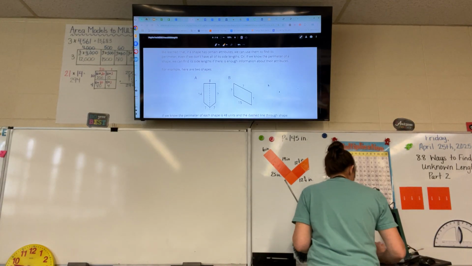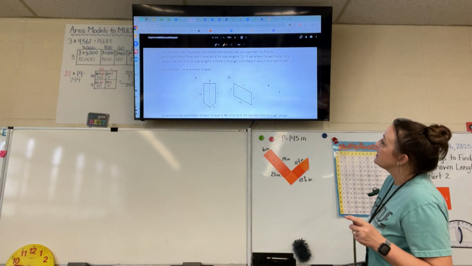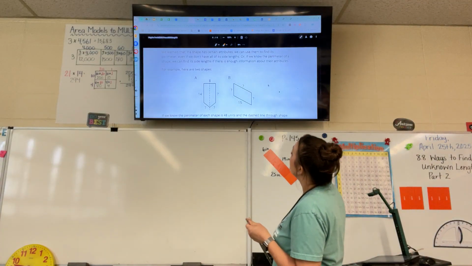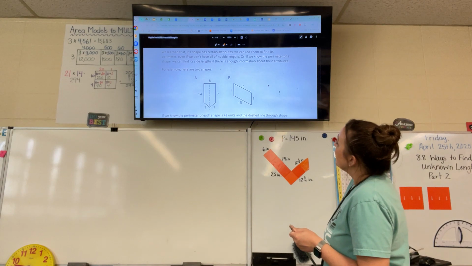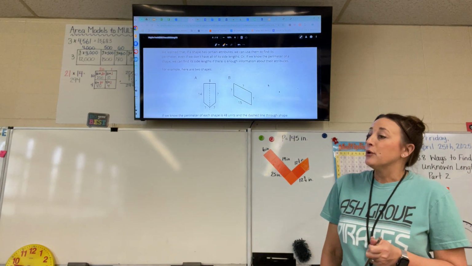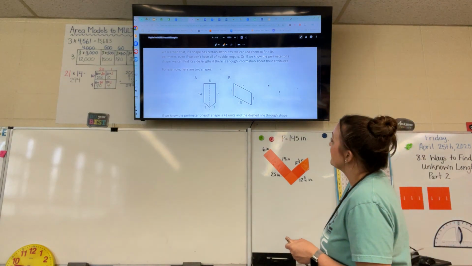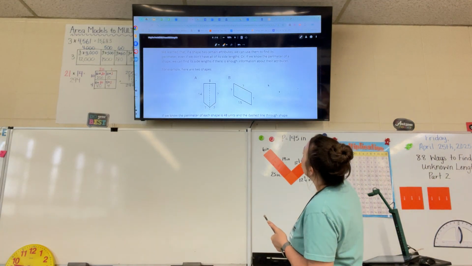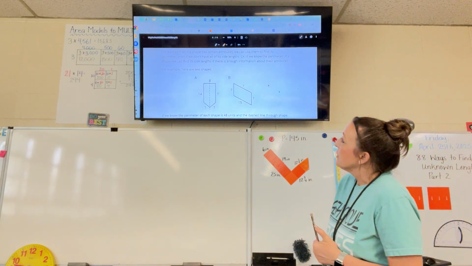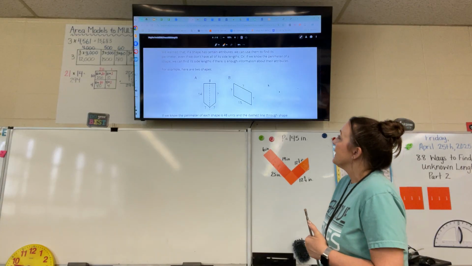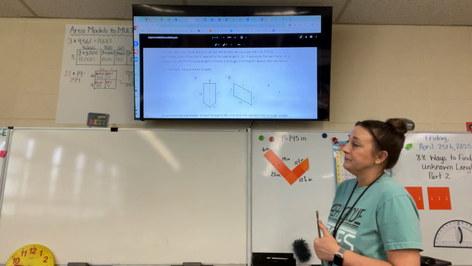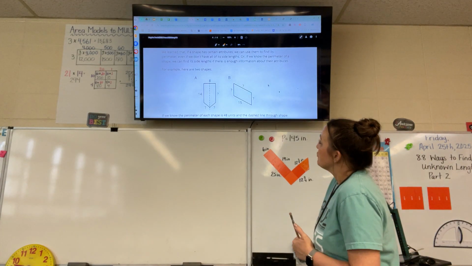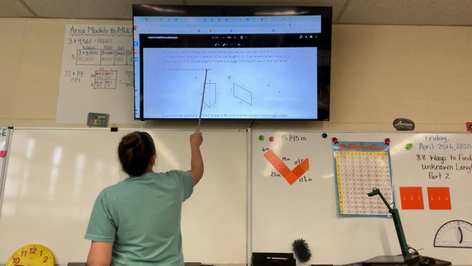We learned that if a shape has certain attributes, we can use them to find its perimeter, even if we don't have all of the side lengths. Or if we know the perimeter of a shape, we can find its side lengths if there is enough information about their attributes.